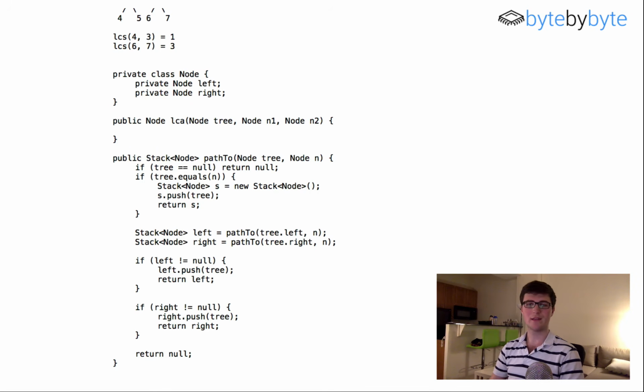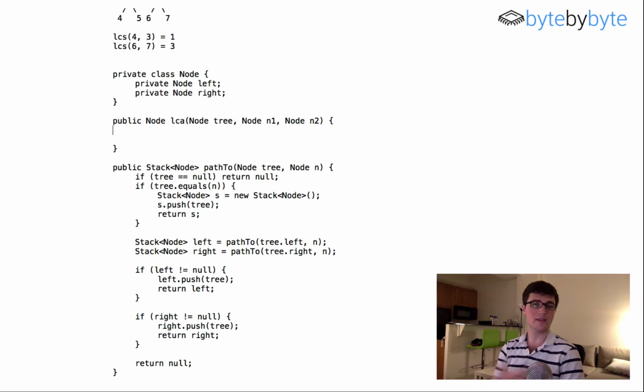Just like that. And so we can do a couple checks right out of the way. So first of all, if we get passed in the same node, then it's its own lowest common ancestor, right? So that's going to be really simple, and we can just do if n1 equals n2, then we just return n1 or n2.